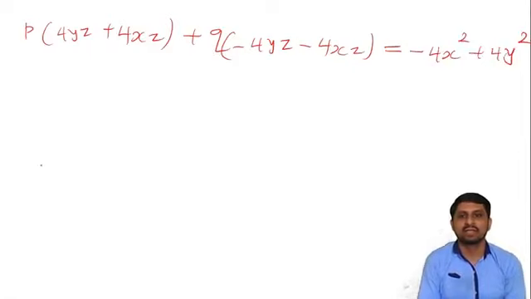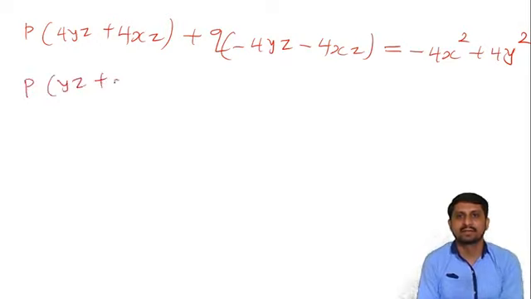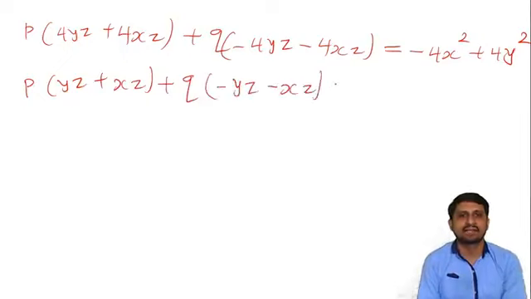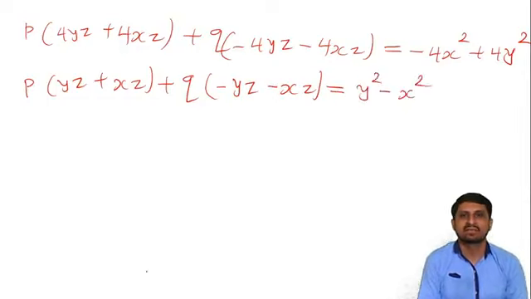So 4 will be common and cancel out. So the final answer is P into yz plus xz plus q into minus yz minus xz, that is equal to y square minus x square.